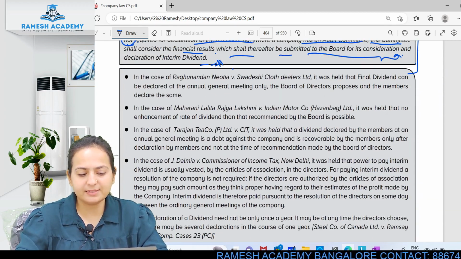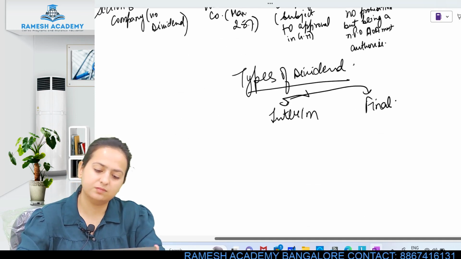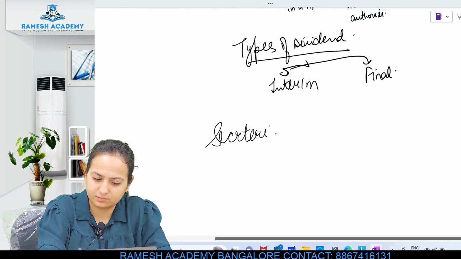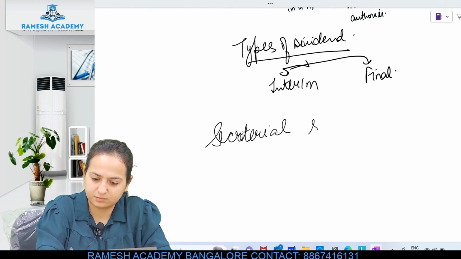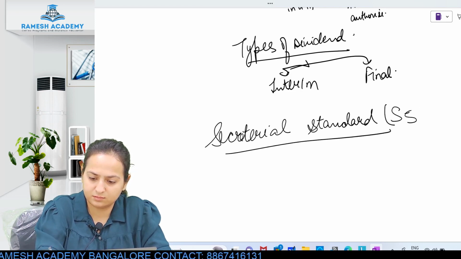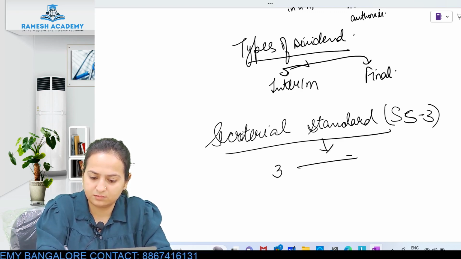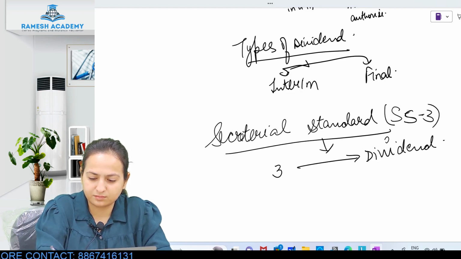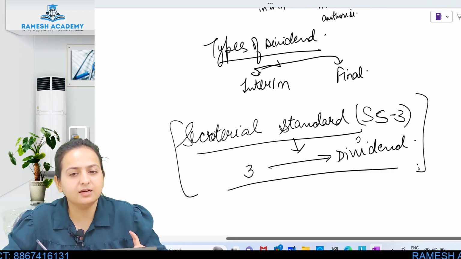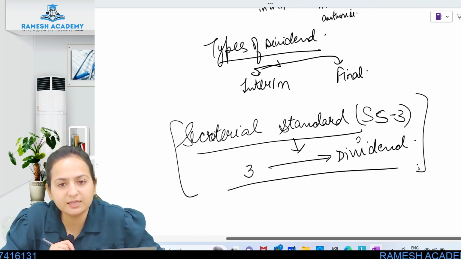Okay, so one secretarial standard you can write down. Secretarial Standard 3 is applicable in case of the dividend.